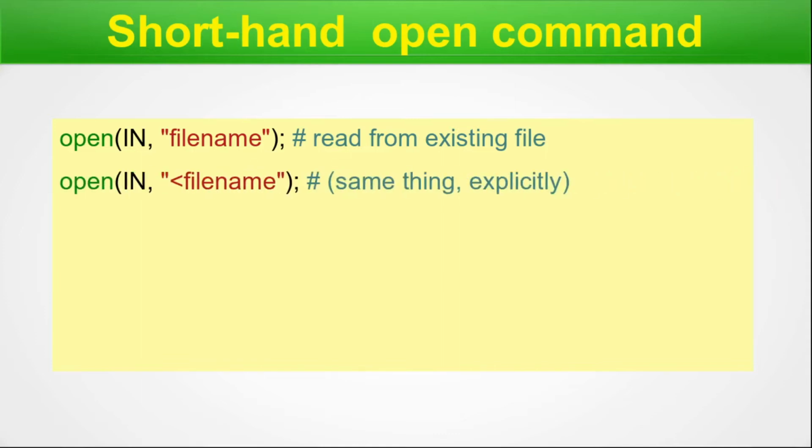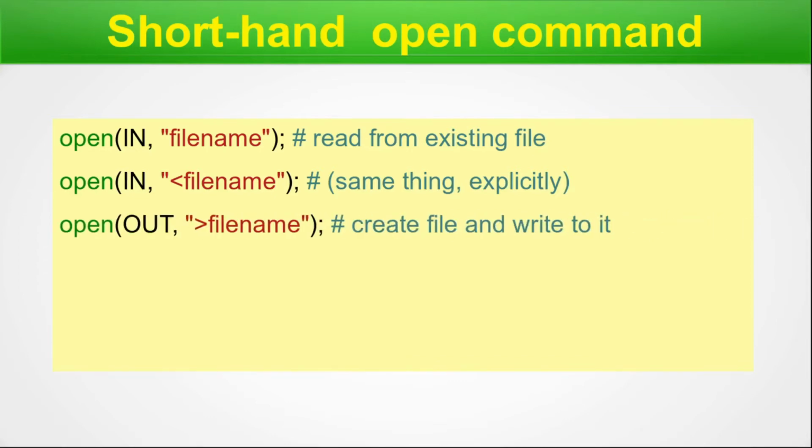The same thing we can write in a shorter way: open in then left arrow, as we have shown with this operator. This is a shorthand, so we are clubbing the 2 arguments. We can also write this with comma separated 3 arguments, that is not an issue, but this is a shorthand people use, so that's why I'm showing it here.